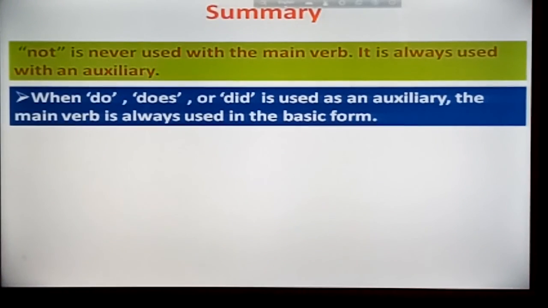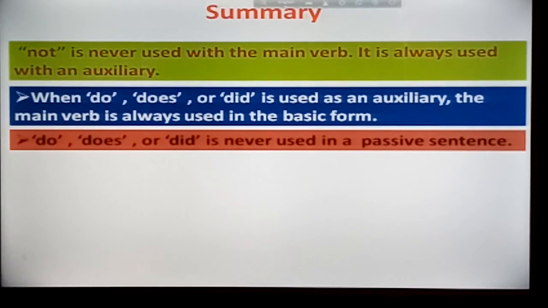Then we have learned that when we use do, does or did in a sentence as auxiliary, the main verb is always used in the basic form. We have also learned do, does or did is never used in a passive sentence. Do, does or did is used only in the active voice, never in passive voice sentences.